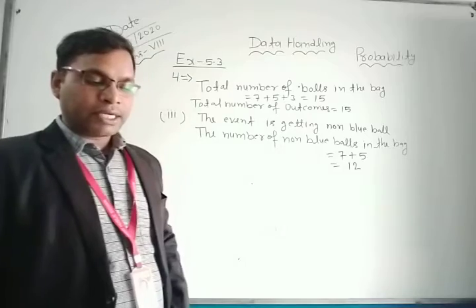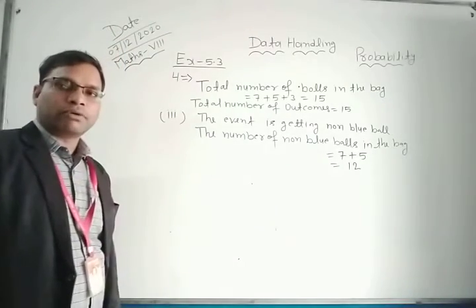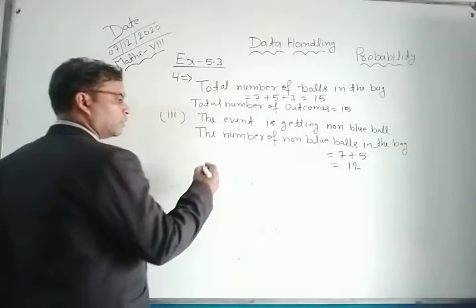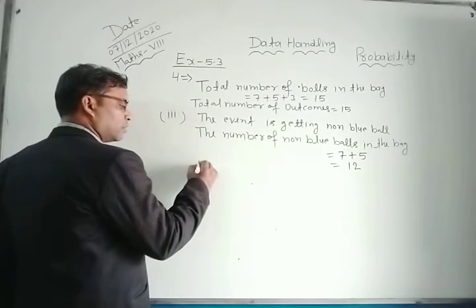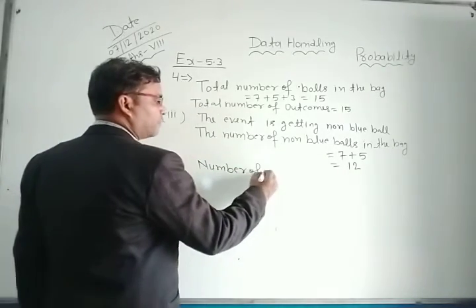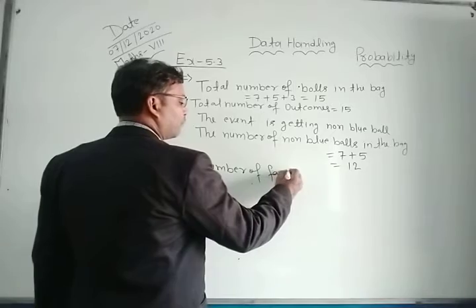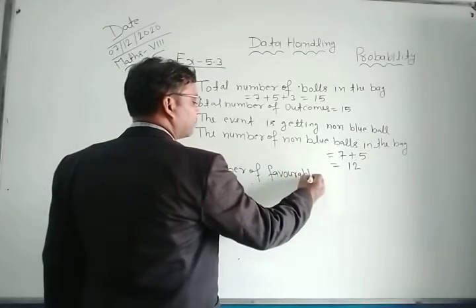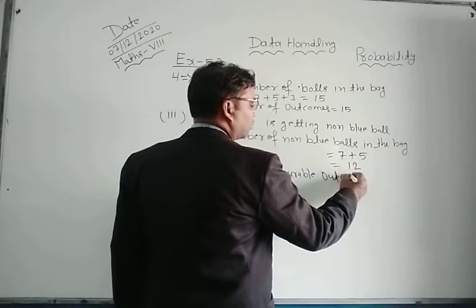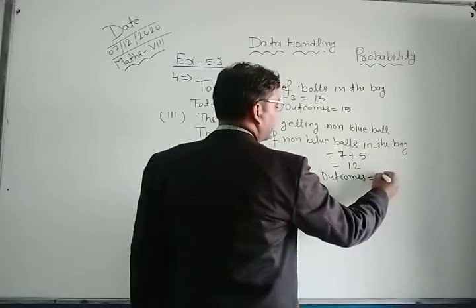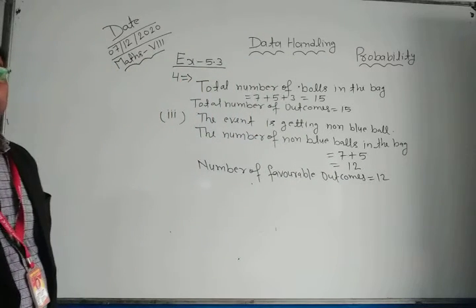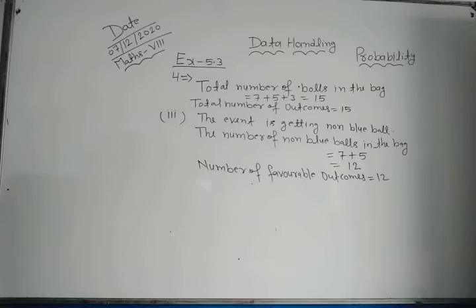Okay. So you can write here the number of favorable outcomes. What is the number of favorable outcomes? The number of favorable outcomes is 12, and all possible outcomes is equal to 15, because in this bag there are 15 balls.